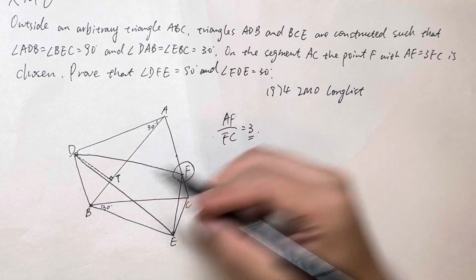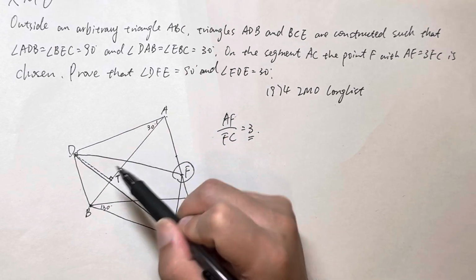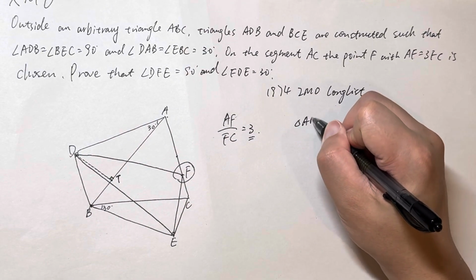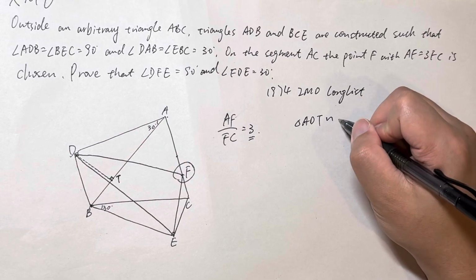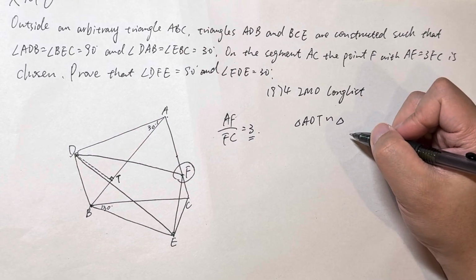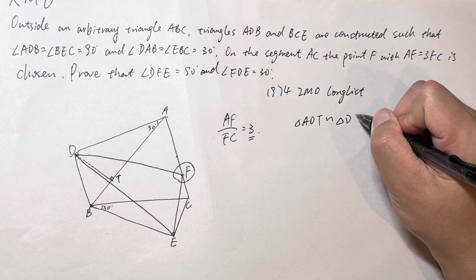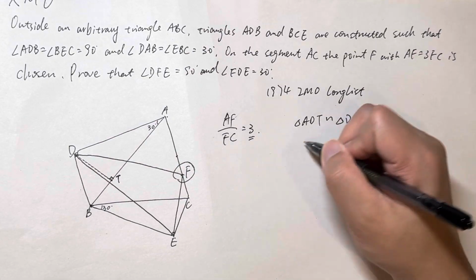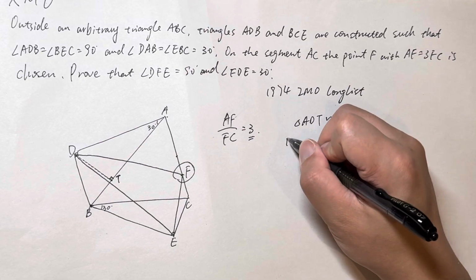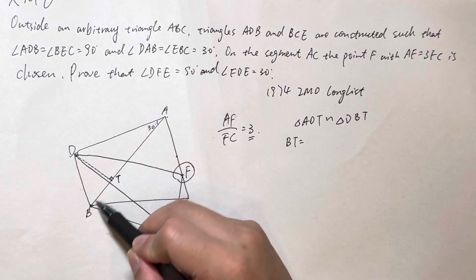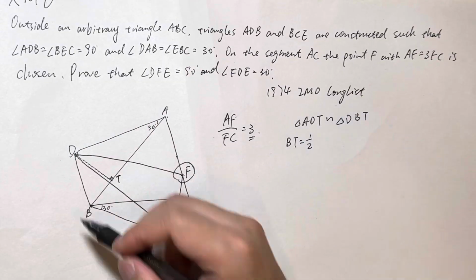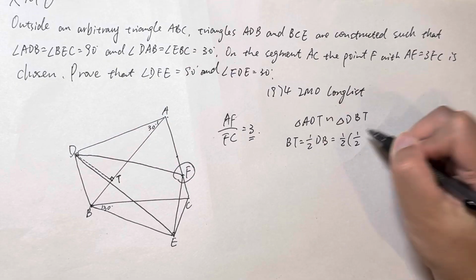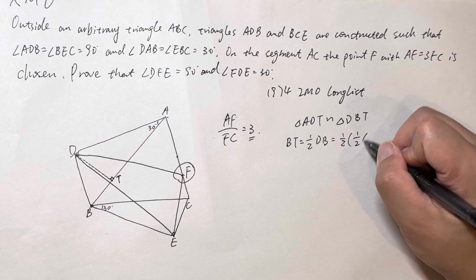That is saying, if you look at triangle ADT and triangle BDT, triangle ADT is similar to triangle DBT. So we know that BT equals half of DB, which equals half of half of AB.